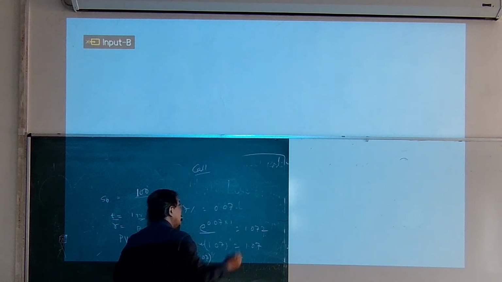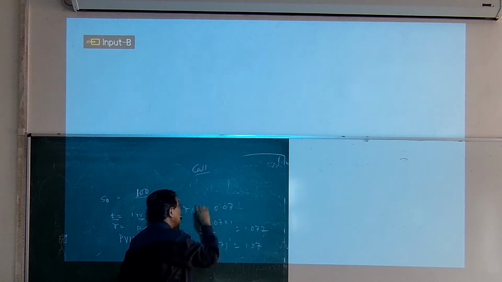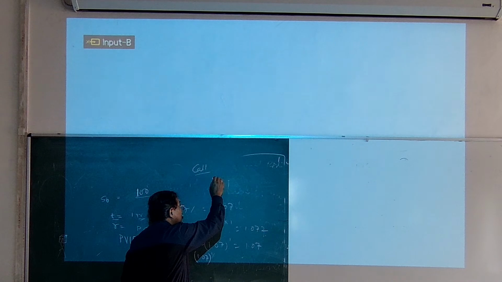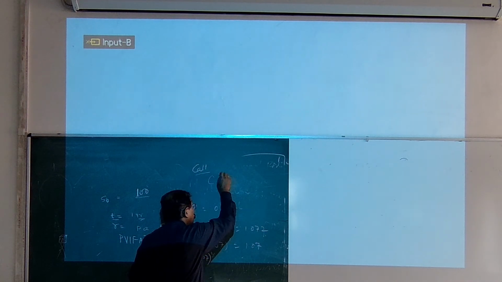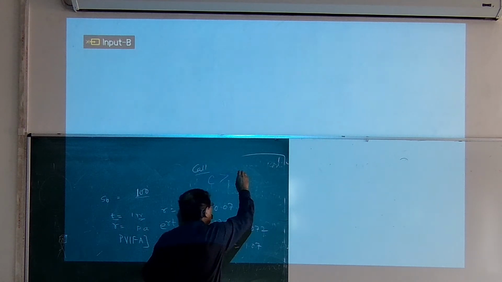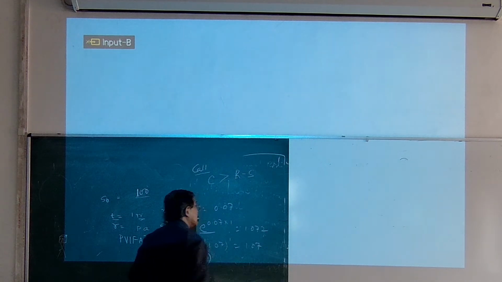The gain to the seller is that the seller's premium, called C, should be greater than whatever K is, minus the spot.